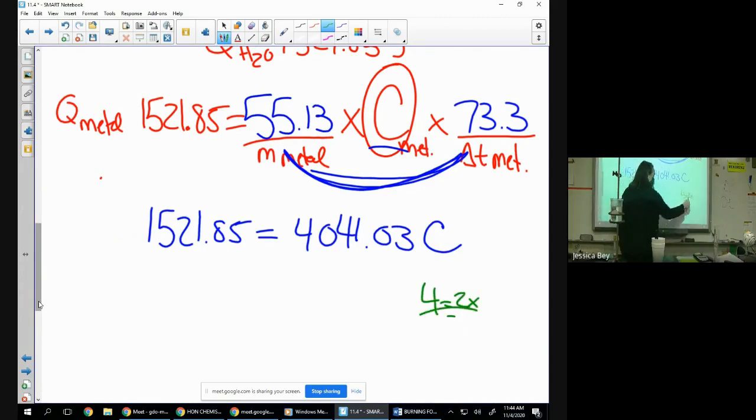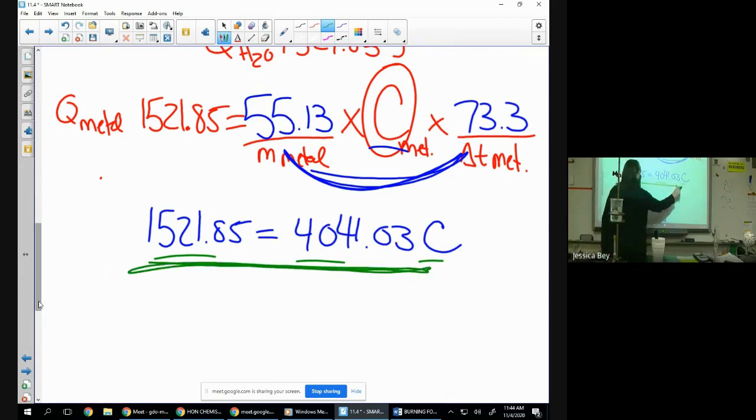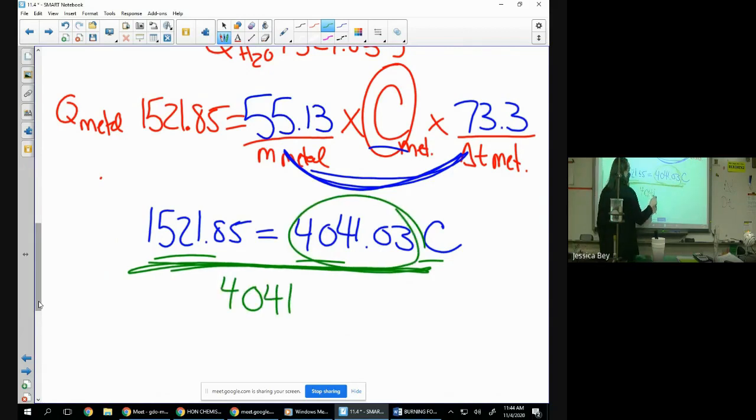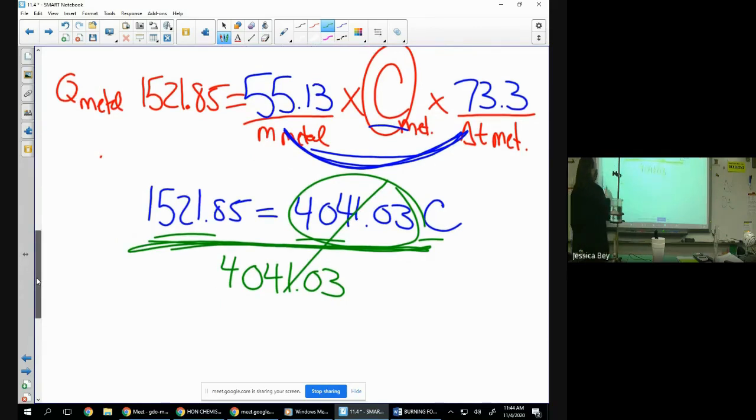You would divide 4 by 2. Exact same thing here. You just have 1500 is equal to 4000x. So I'm going to take this, and I'm going to divide both sides by the number that's stuck to my variable, 4041.03. So that gets rid of that number, leaves C by itself.